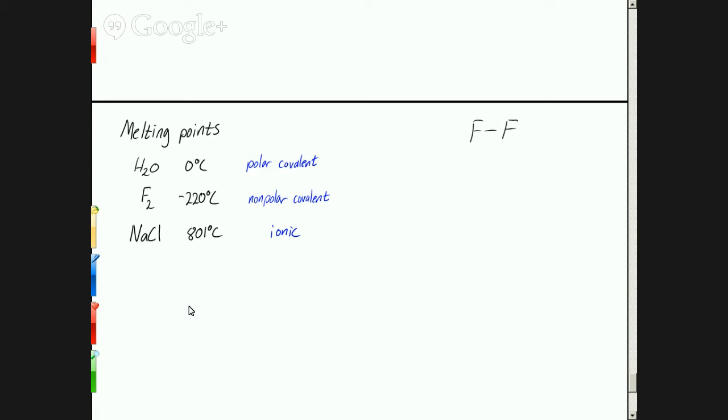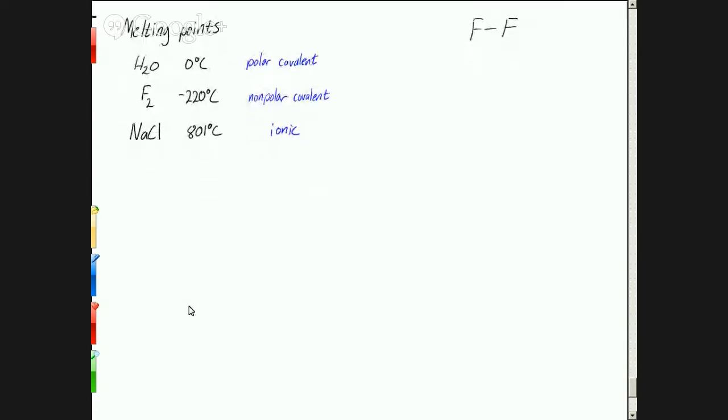Yeah, it kind of relates to all the stuff we've been talking about. We can see that the more separation we have in the electrons, if they're ionic versus polar covalent versus nonpolar covalent, the tighter everything's held together, which is why those melting points change so dramatically. So let's talk a little bit about what those forces are.